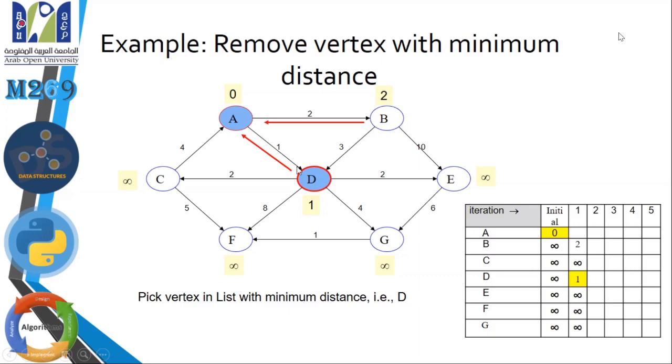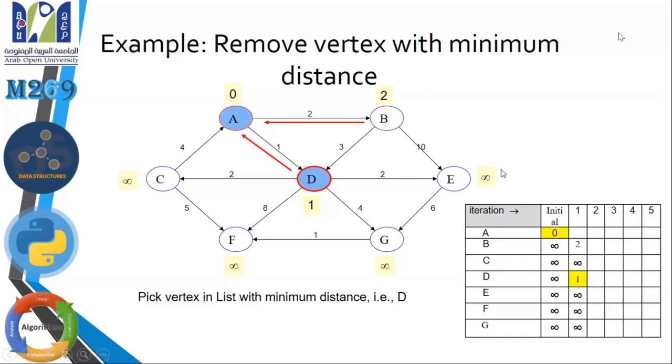I have to travel to D first, which takes 1. Then I have to travel to Eagle, which takes 2. So 1 plus 2 is 3.